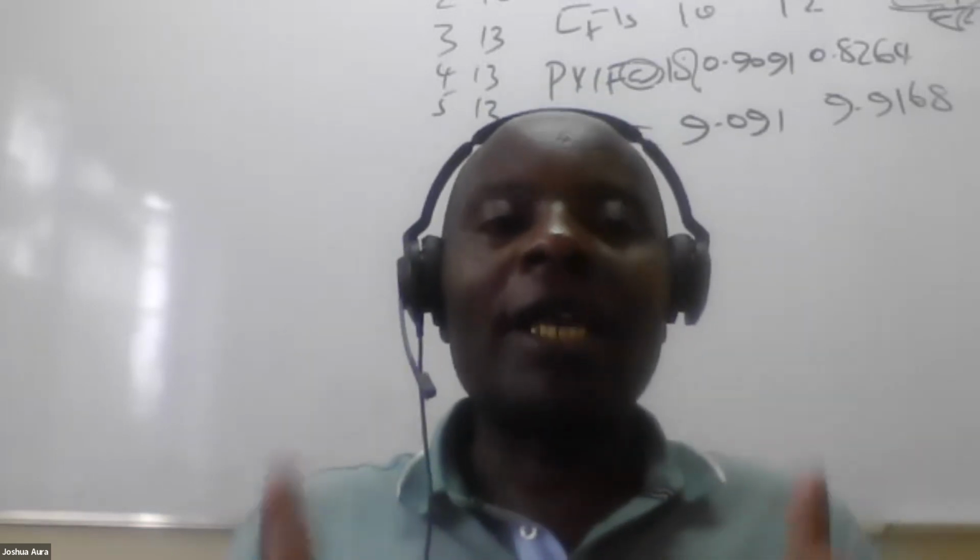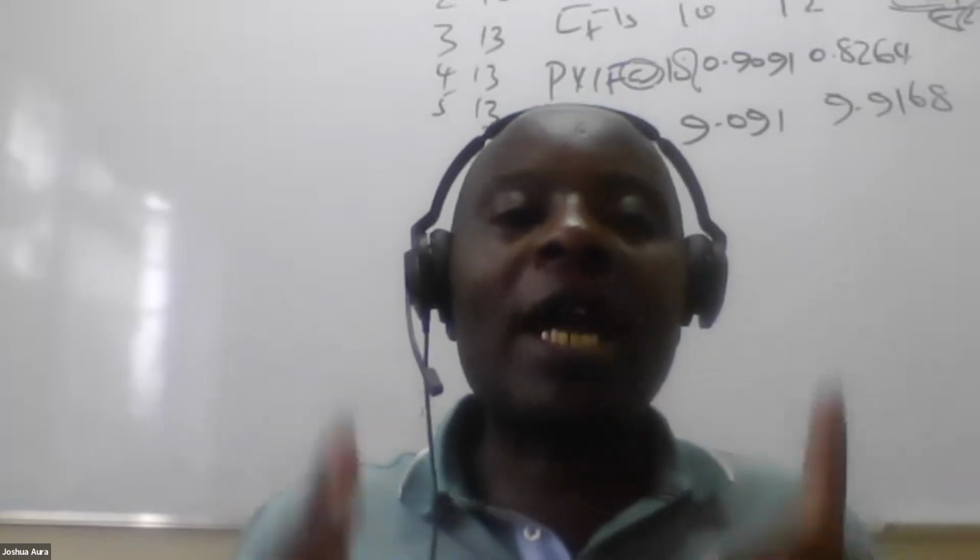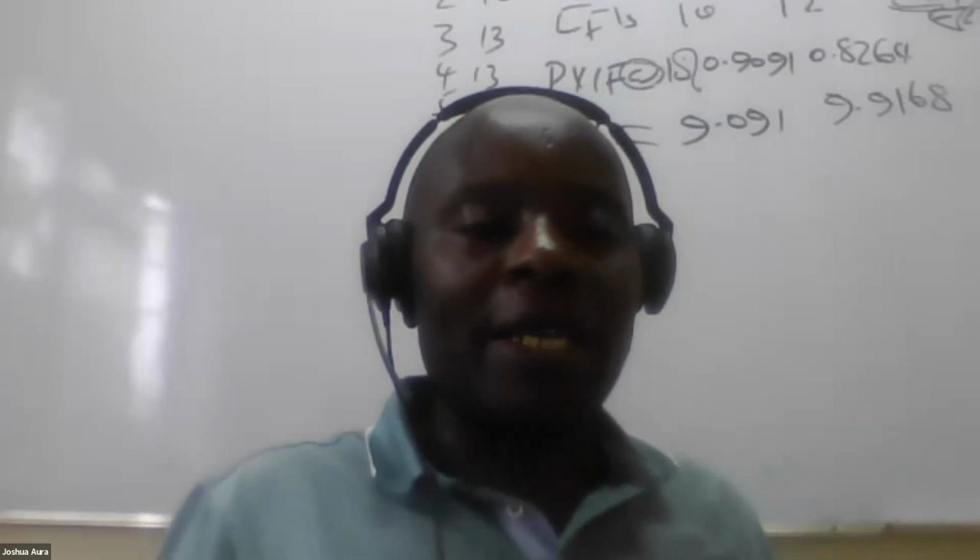I know my students would have easily gotten this, but there is one thing I'm 100% sure of, that my students will not be able to run a data table with two variables, cost of capital and the number of years. If you are able to do that, could you kindly share your screen and show us that you are smart? Show us that you are a smart accountant, that your employer needs to recognize.